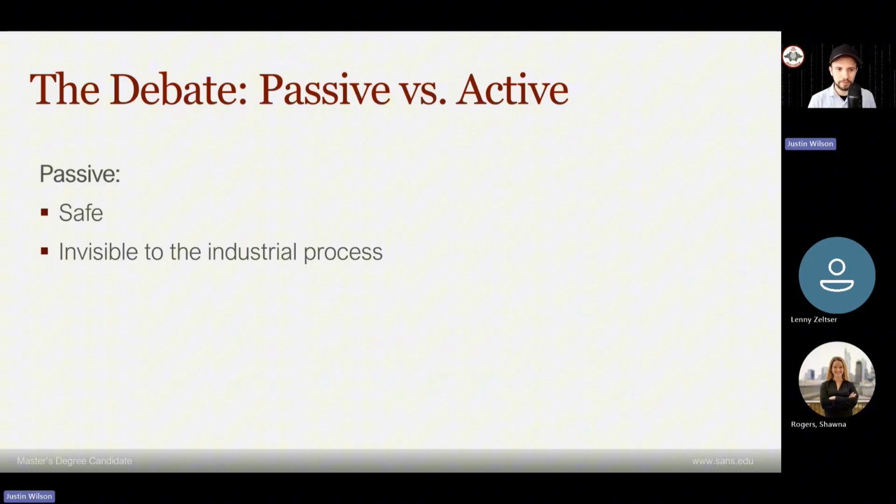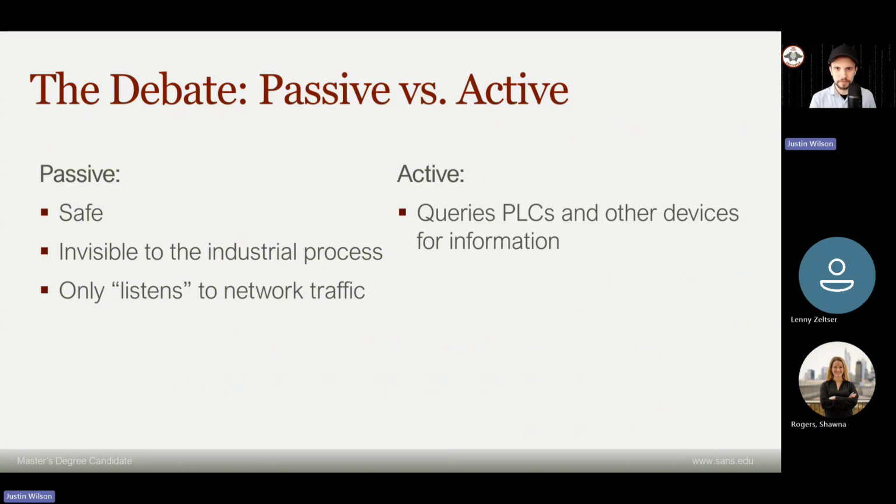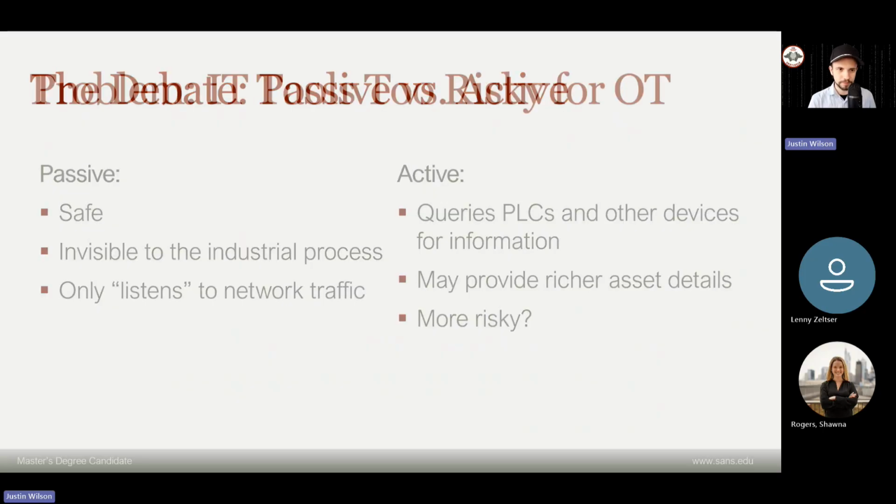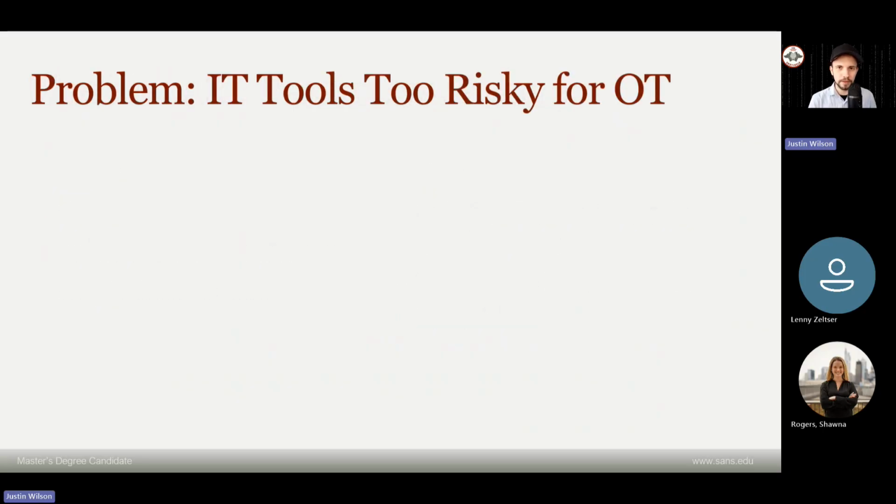You're not introducing new traffic, so it's considered very safe. You're just listening. Now, compared to active discovery methods, this is where you're talking to a PLC and saying, what are you? What is your rank, name, and model number? And you're getting active information from it that way. This can produce more asset details, and you can find more assets this way. But again, that can be more risky. So let's talk about that.